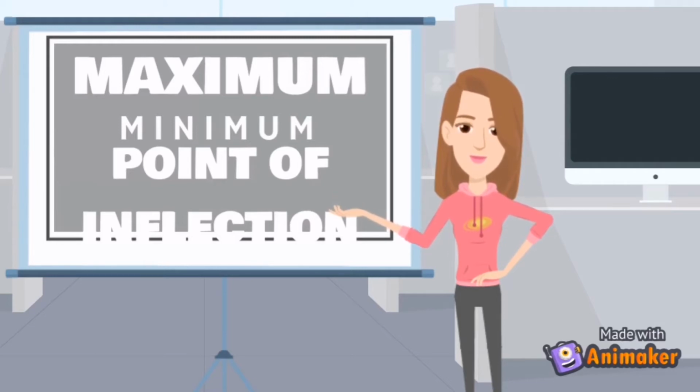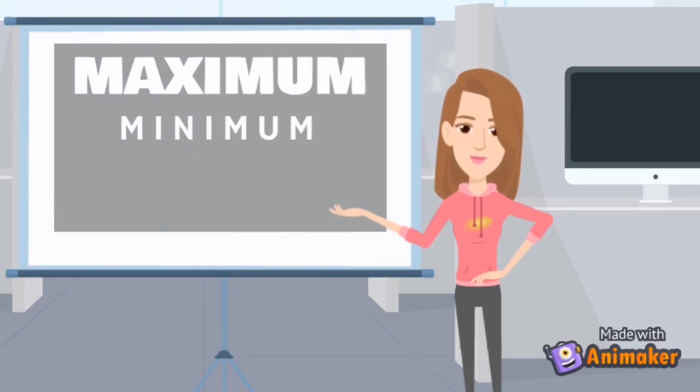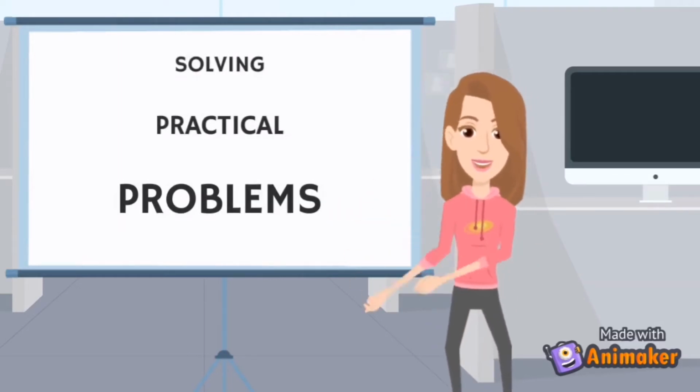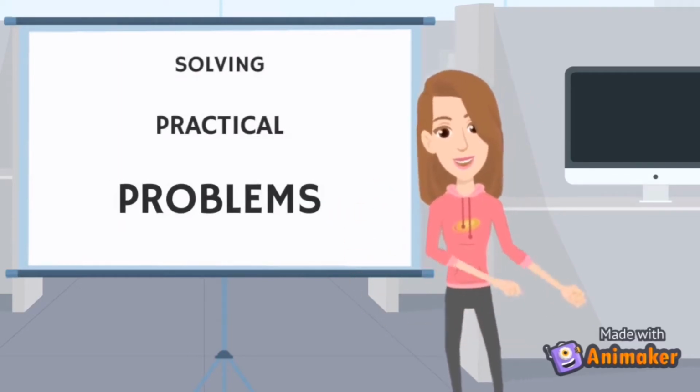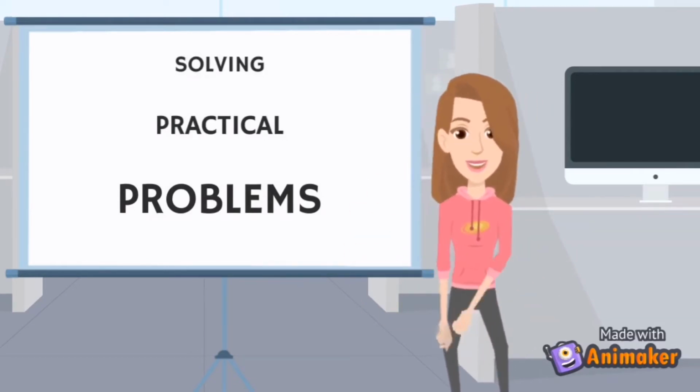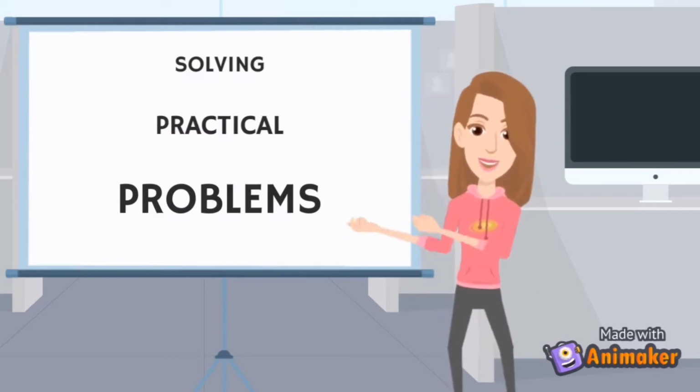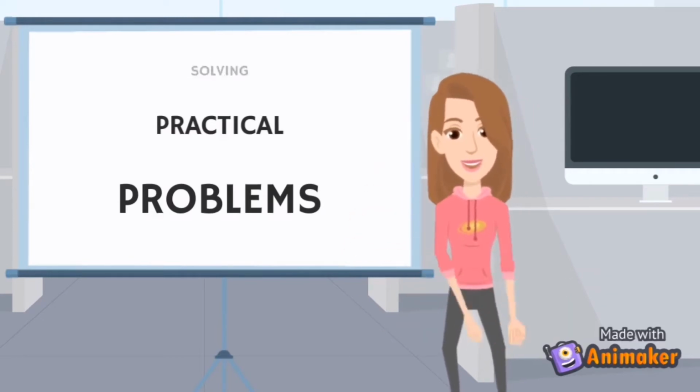At minimum points, the gradient is negative, zero, then positive. At points of inflection, the gradient can be positive, zero, positive or negative, zero, negative. Solving practical problems of finding maximum and minimum is very useful and can be used to find maximum and minimum values of all sorts of things.